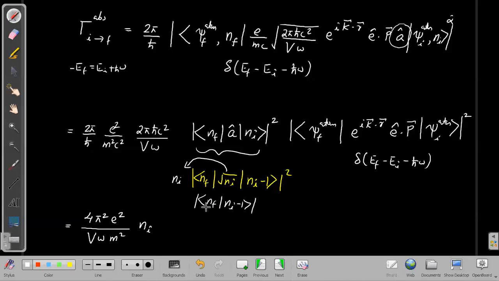Now these are orthogonal vectors, orthonormal vectors. So their inner product would be, sorry, not a Dirac delta function, it will be a Kronecker delta function. So this will become Kronecker delta Nf comma Ni minus 1. I think this is familiar to you. The inner product of m and n I can write as Kronecker delta m comma n. That means it would be 0 when m is not equal to n, and it would be 1 when m equals n.